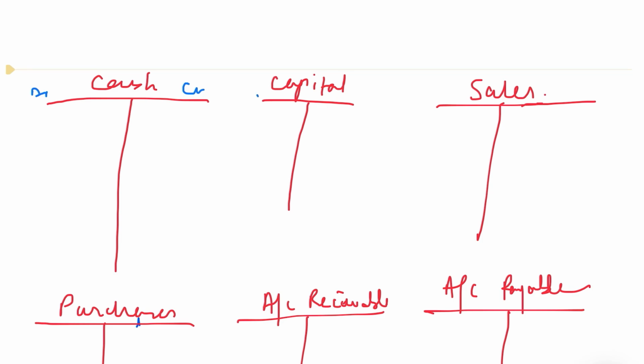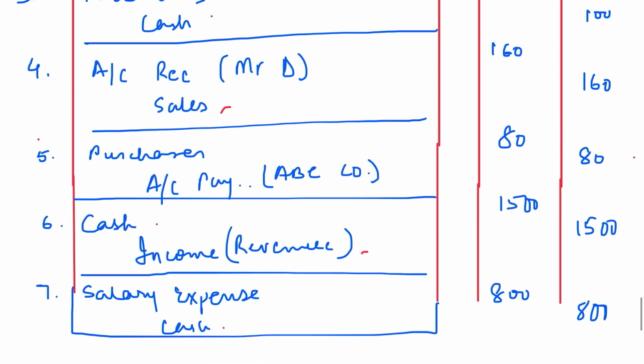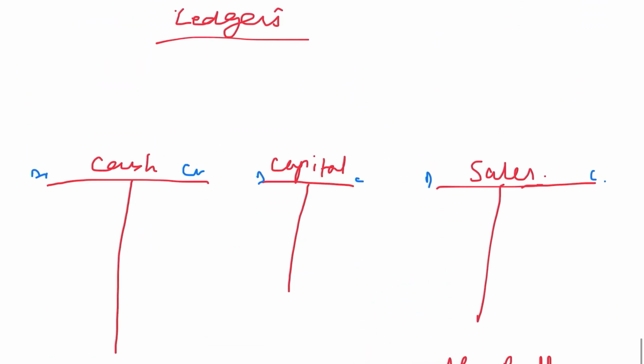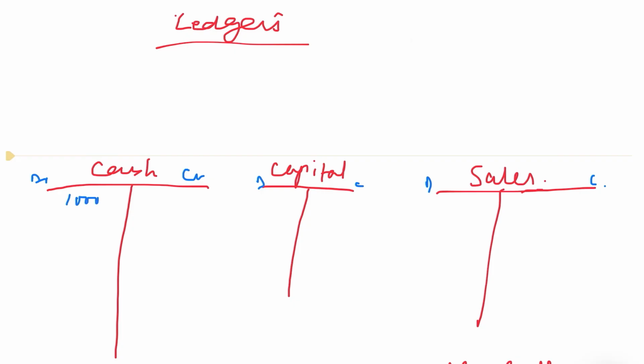For each and every one, debit, credit, debit, credit. Now on 1st January, cash is increasing by $1 lakh. So opposite we write sales, because of sales it is increasing, right? So for all of them you have to write opposite sides of title of account, right?